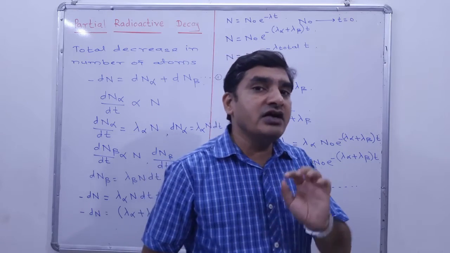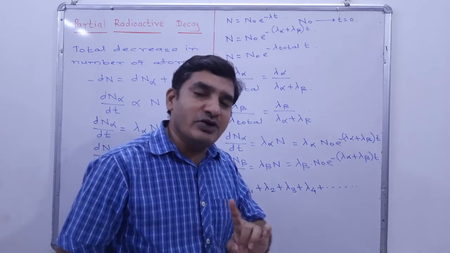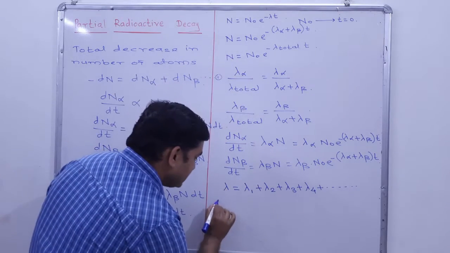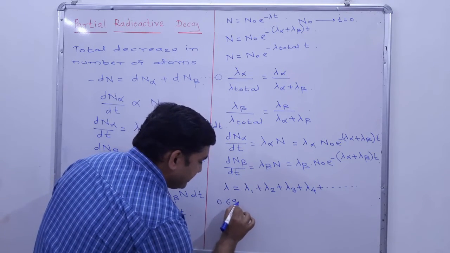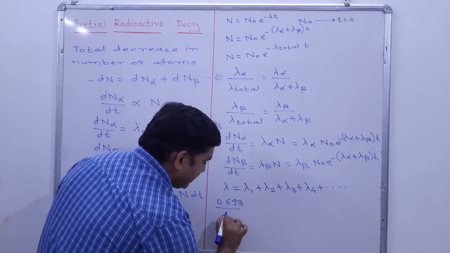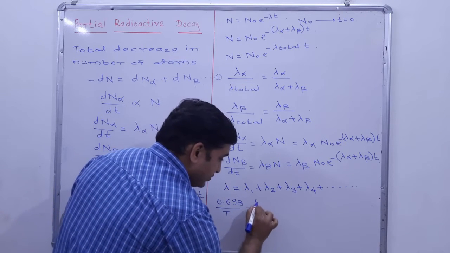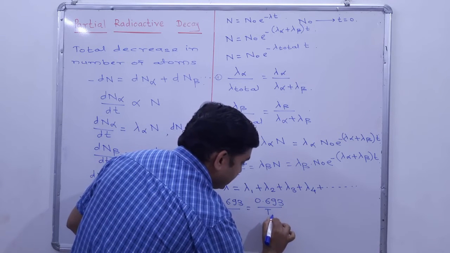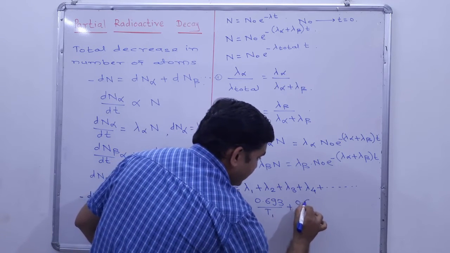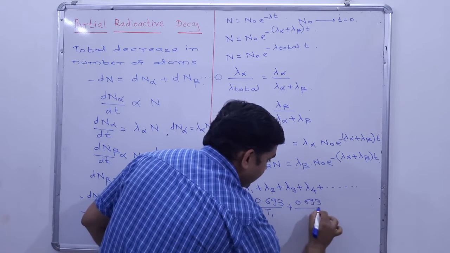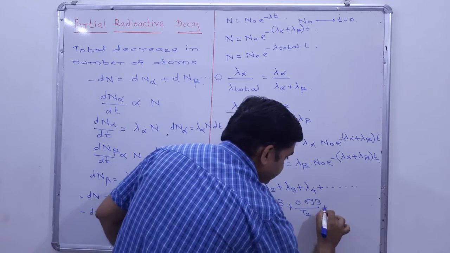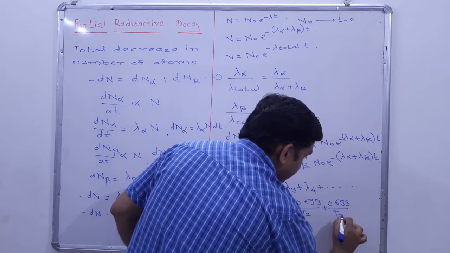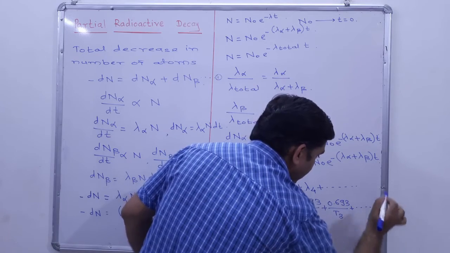Therefore lambda is equal to 0.693 divided by capital T. So this can be written as 0.693 divided by T is equal to 0.693 divided by T1 plus 0.693 divided by T2 plus 0.693 divided by T3 and so on.